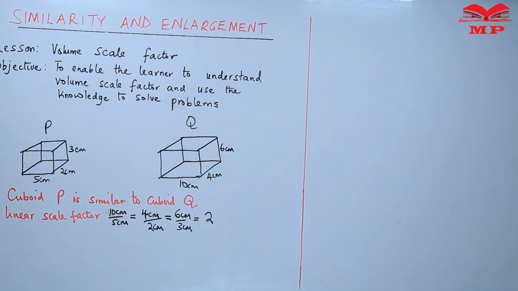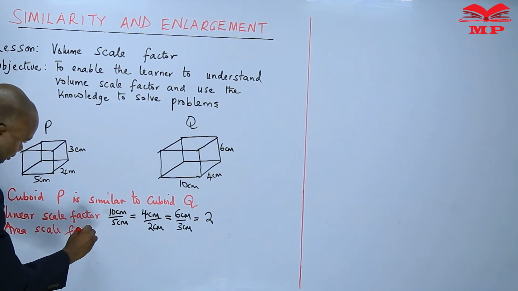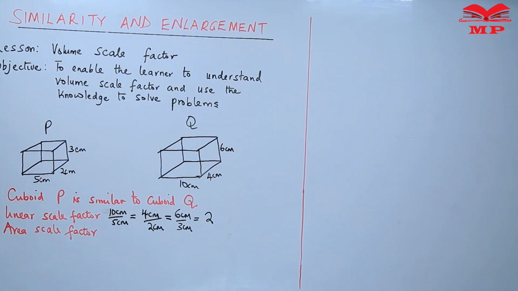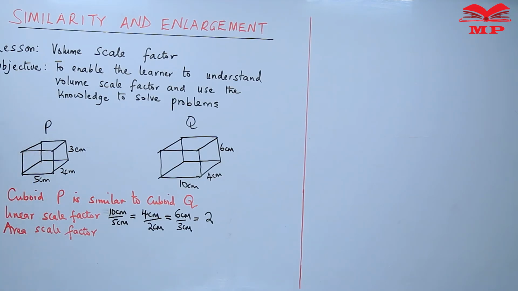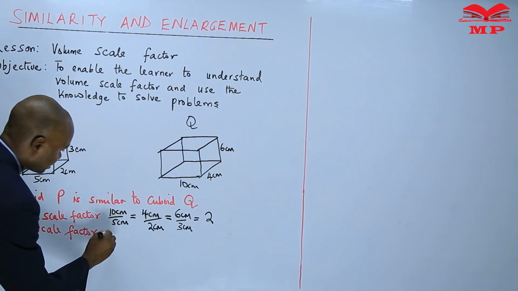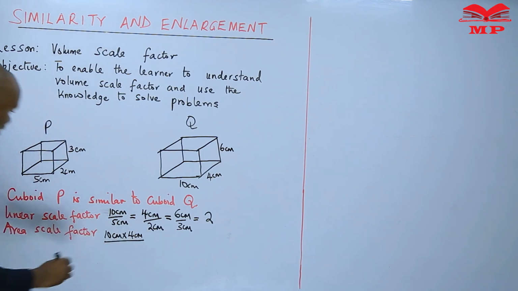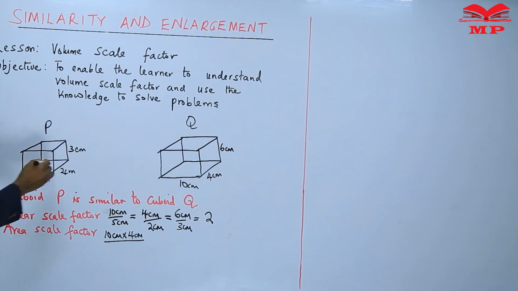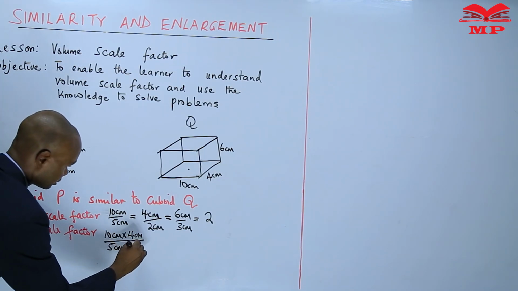We can still get our area scale factor. For the area scale factor, you can take the base, 10 centimeters times 4 centimeters, and divide by its corresponding plane, 5 centimeters times 2 centimeters.